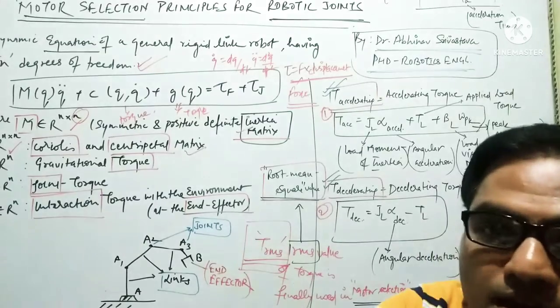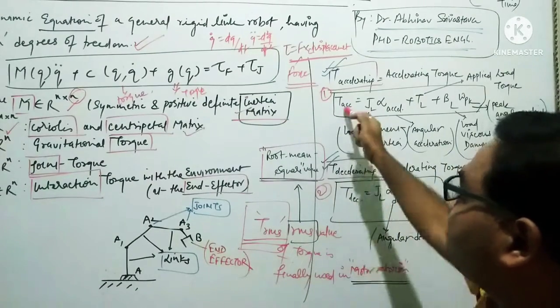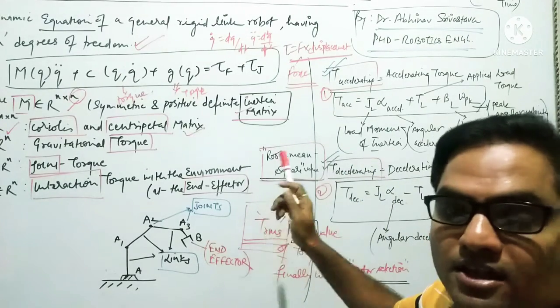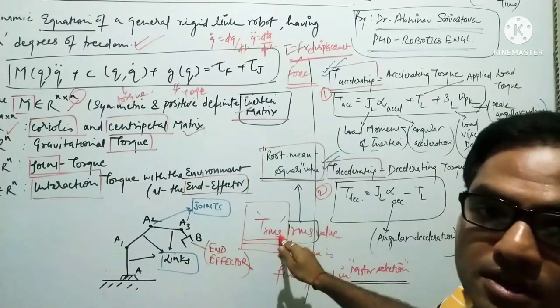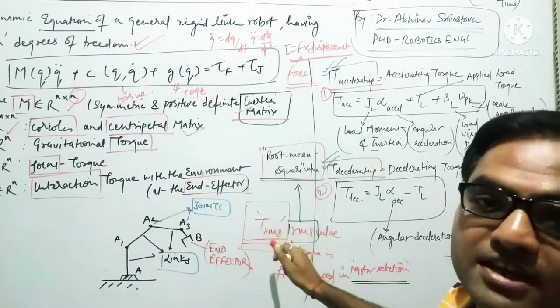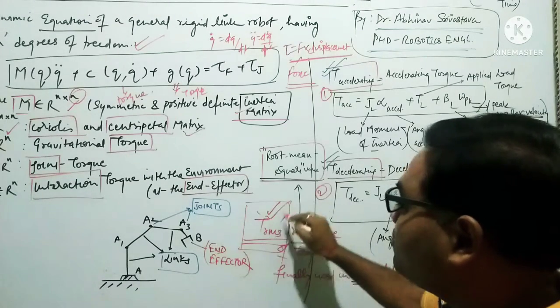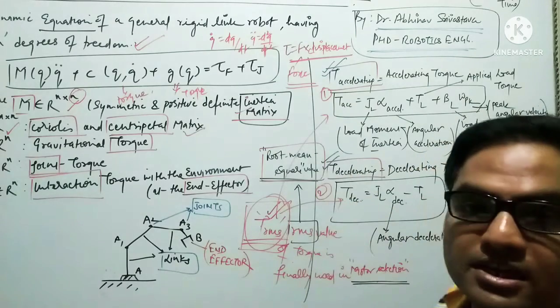One last important thing is the RMS value. Although we have calculated acceleration and deceleration torques, the RMS value of torque is taken in the selection of the motor because the RMS value contains the energy content of a signal. The main energy content is generated from the RMS value, which is contained in the acceleration and deceleration.